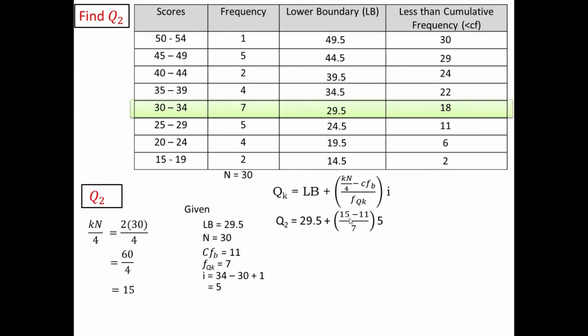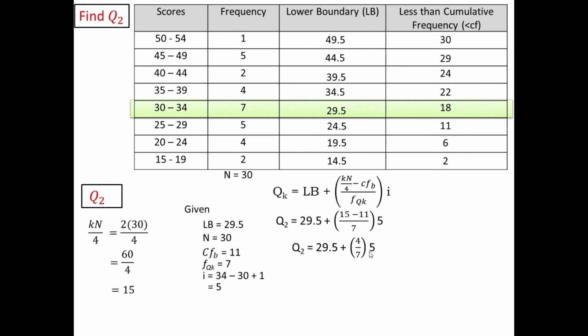Minus, cumulative frequency before is 11. Frequency of the quartile class, 7. Interval ay 5. Simplify natin. 15 minus 11 is 4. So, that will be Q sub 2 equals 29.5 plus 4 over 7 times 5.